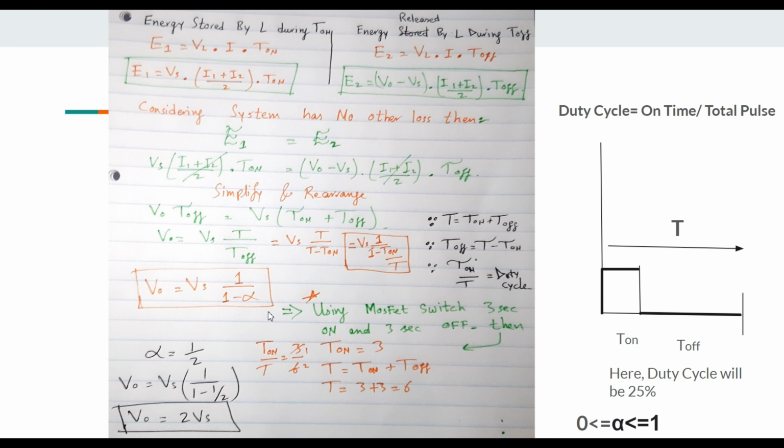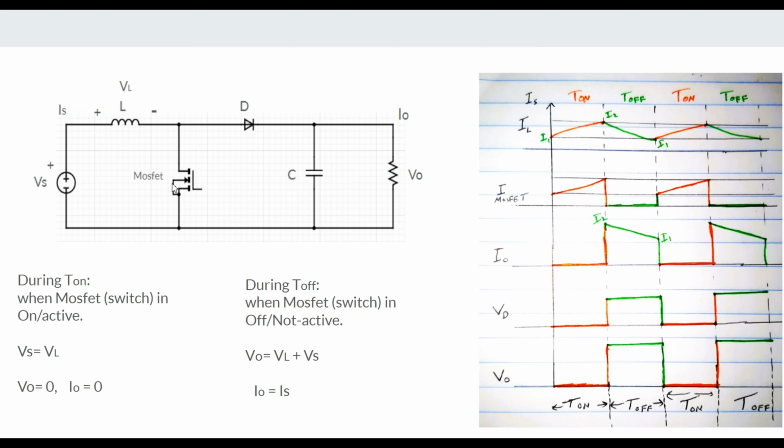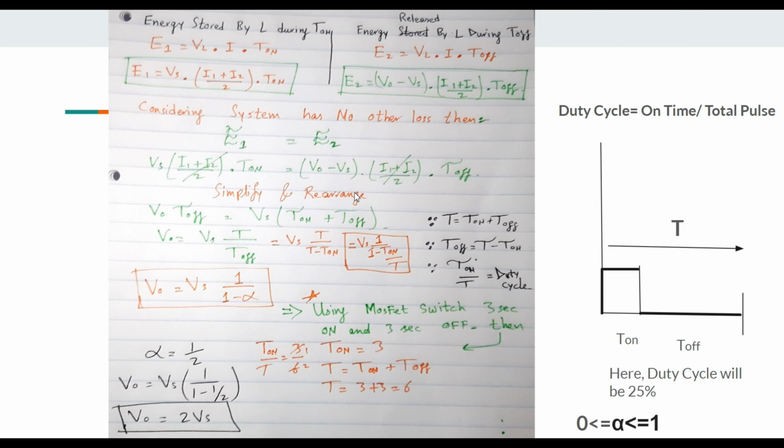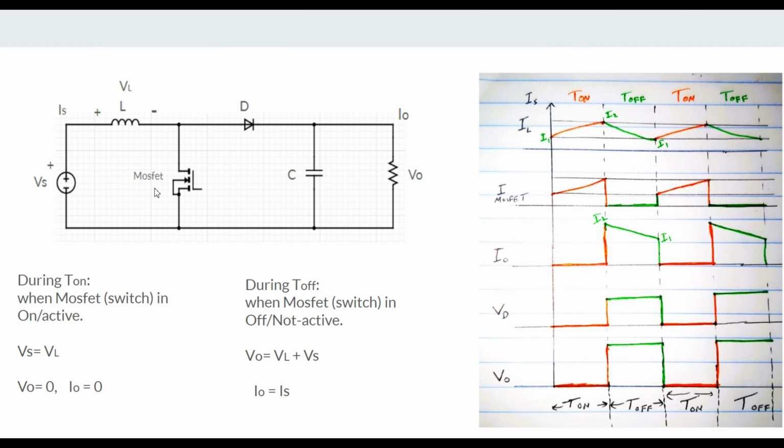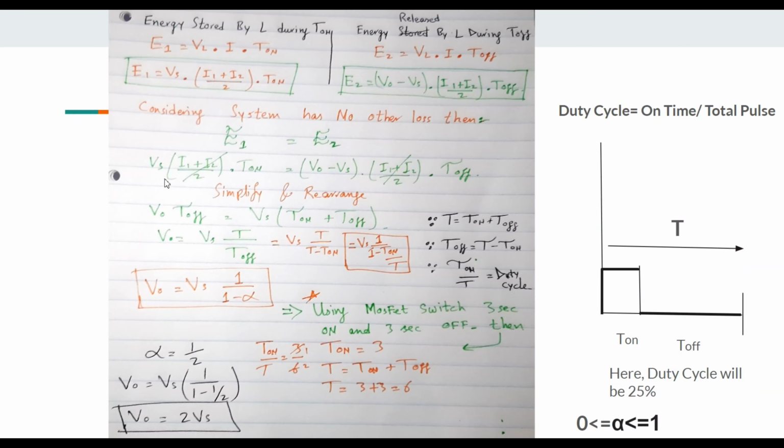Now, I will give you one example of how you can control the gate, the amount of time for on and off for this MOSFET, and how the voltage will change. Let's see now. This is a very interesting thing. Turn on this MOSFET for 3 seconds and turn off the same MOSFET for 3 seconds.